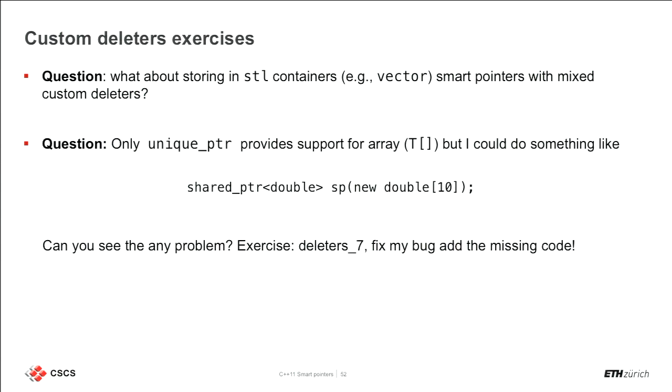So another question here. As I told you, the unique pointer is the only smart pointer that provides support for this kind of template specialization, so it is the only smart pointer that can point to an array type. But of course, I could do something like this. Just have a quick look. I can define a shared pointer to a pointer of type double.